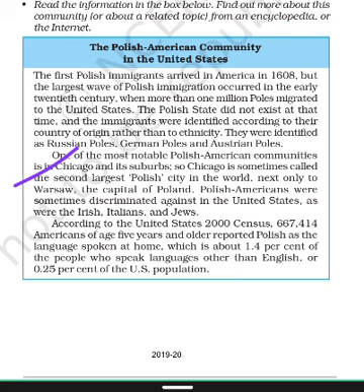Polish Americans were sometimes discriminated against in the United States, as were the Irish, Italians, and Jews. As I have already told you, Polish Americans means the persons who migrated from Poland to America.